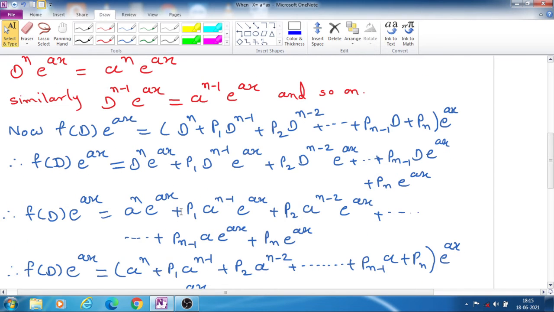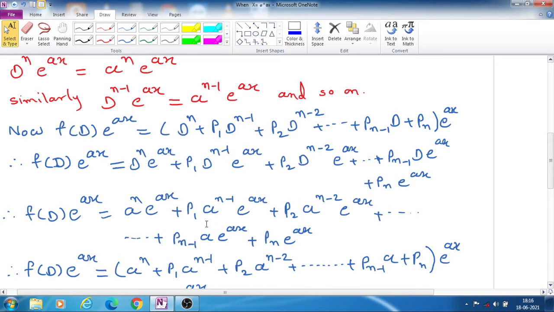So all the terms we operated on e raised to ax, and now we have all these values we calculated above. So D raised to n e raised to ax is equal to a raised to n e raised to ax plus p1 D raised to n minus 1 e raised to ax, which I have written above, is equal to a raised to n minus 1 e raised to ax.